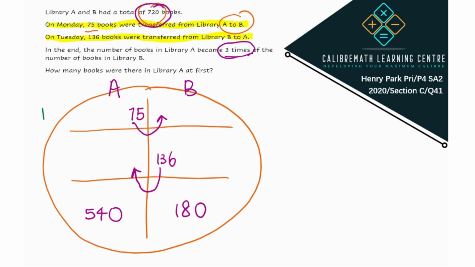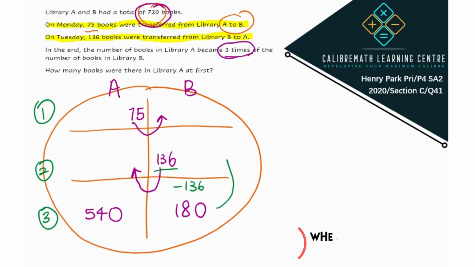Okay, I'm going to label each level so that you can understand what I'm talking about later on when we are working backwards. Okay, so we're going to start working backwards from level 3 to level 2. So we know that from level 3 to level 2, there was a transfer of 136 books from library B to library A. Now, since B gave away the books to library A, so we will understand that B decreased by 136 books.